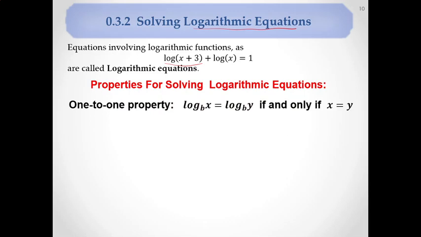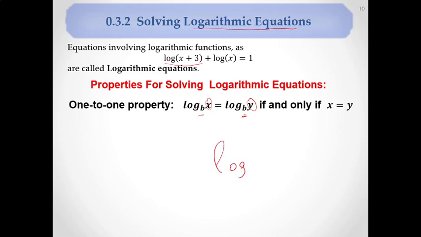One is the one-to-one property. If you have the same base on both sides and they're equal, then you can say these numbers are equal. Where can we use such a thing?